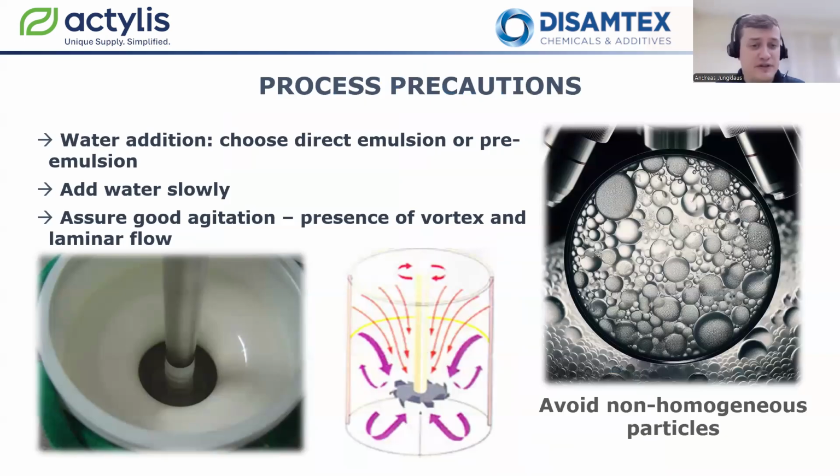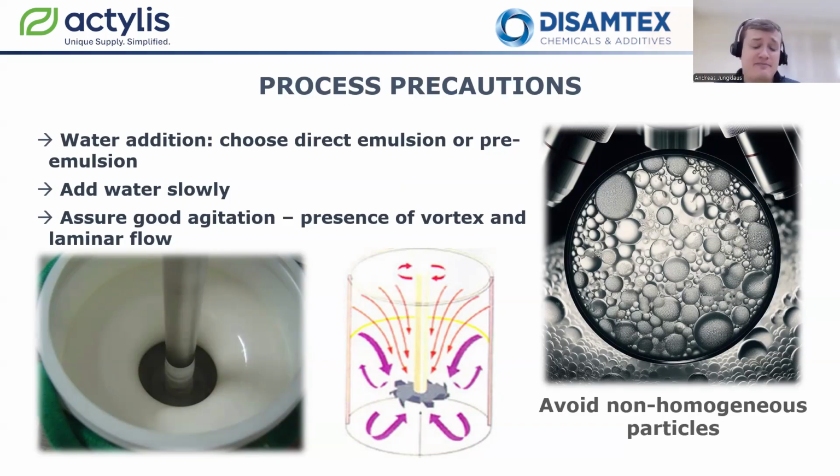There are some precautions to take into account when emulsifying. Okay, so before adding water, check if the rotation of the blade is creating a laminar flow, not a turbulent one, but a laminar flow in such a way that you see a vortex.